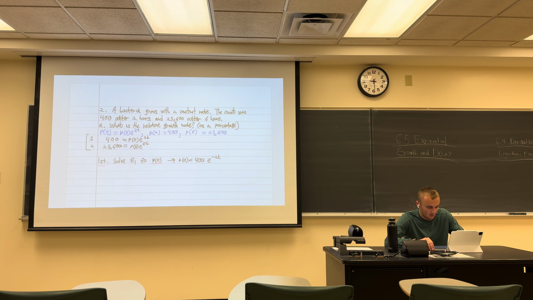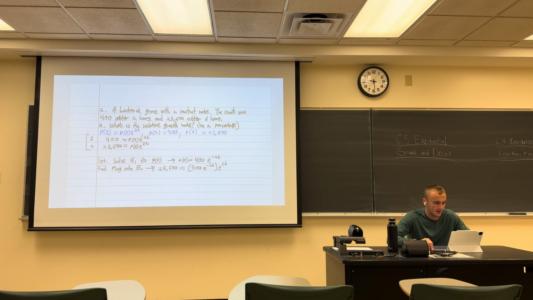So now we can say that 25,600 equals 400 e to the negative 2k e to the 6k.